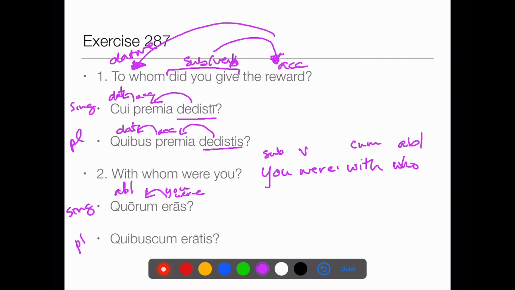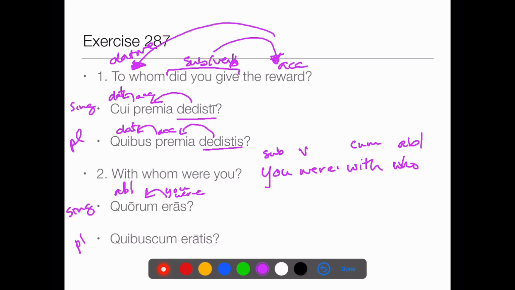Honestly, I'm not really sure why there isn't. I think there may be a rule about it, but it seemed to me like cum quorum would make more sense. So it's possible that the answer key I'm looking at has left that out. It's also possible that they're assuming that it's just not necessary.